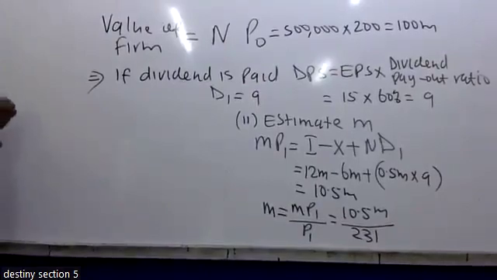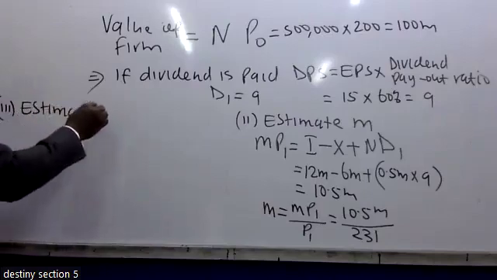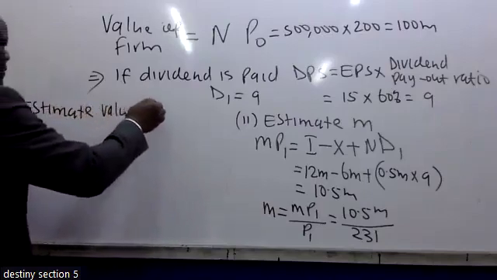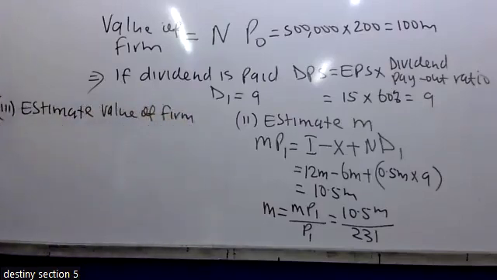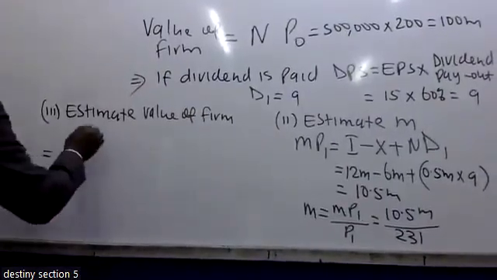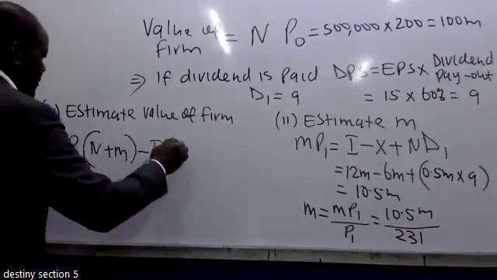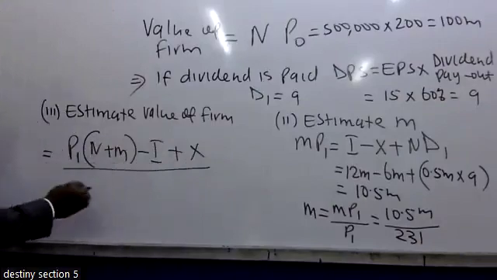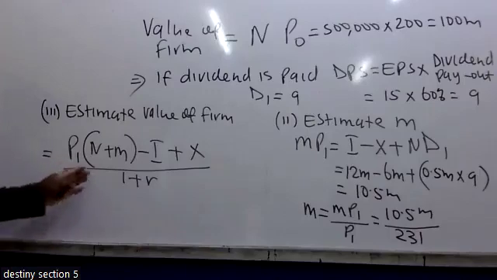So step 3, estimate value of the farm. To get the value for the farm, remember I've given the formula of P1 in the brackets of N plus M minus I plus X, divided by 1 plus R. Do you remember this formula?